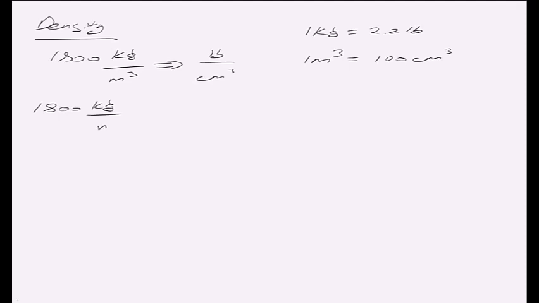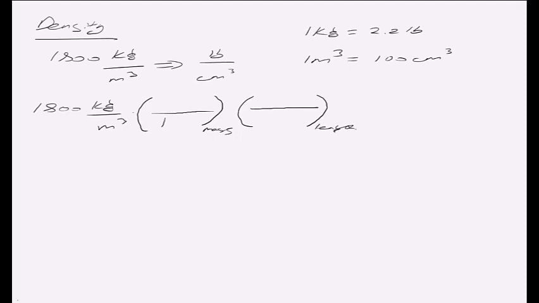So we write out our number, 1,800 kilograms per meter cubed, and we'll write out 2 different conversions now, because we're dealing with 2 different units. So one here and one here. So the first one is going to be for mass, and the second one is for length.